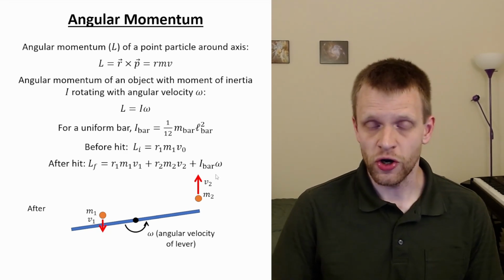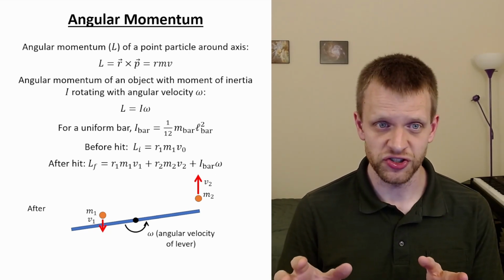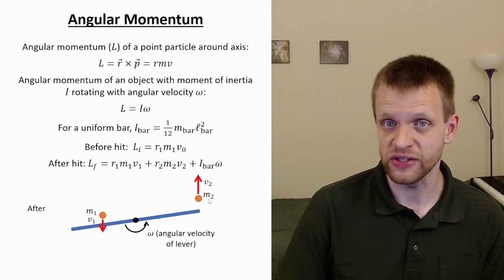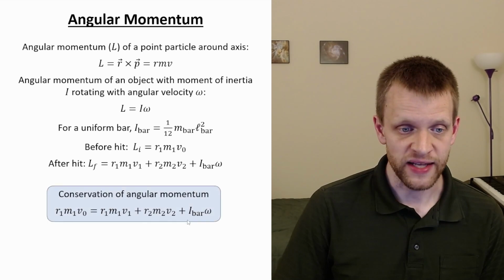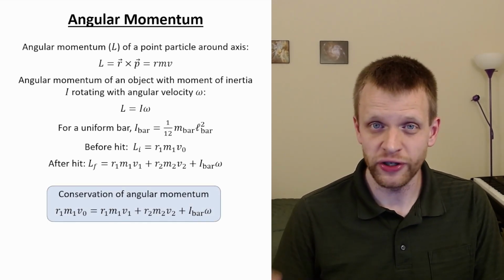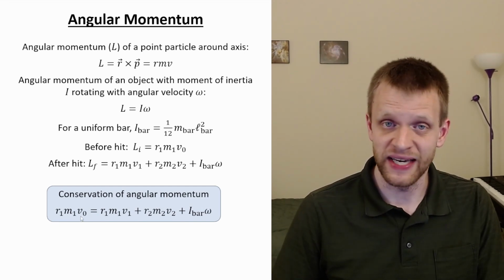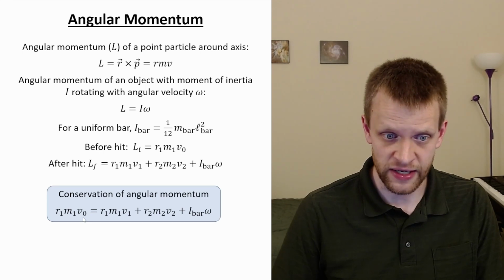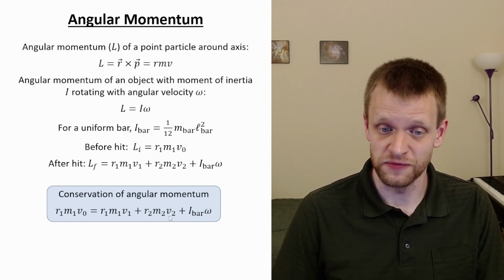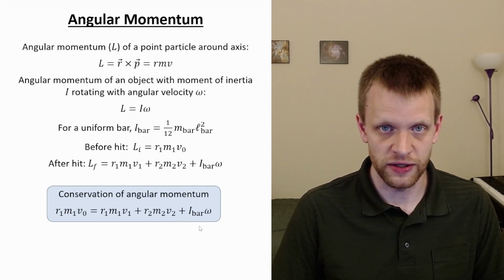Since there are no external torques acting on this system, we have conservation of angular momentum, which means I can put these together and say that for any of these collisions, r1 times m1 times the initial velocity before the hit equals r1 times m1 times v1 plus r2 times m2 times v2 plus the moment of inertia of the bar times that angular velocity.